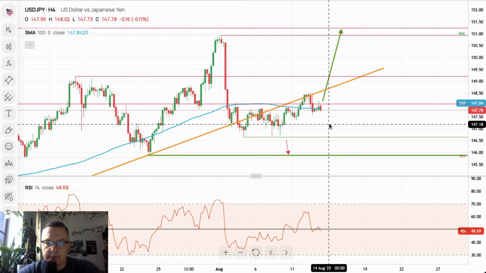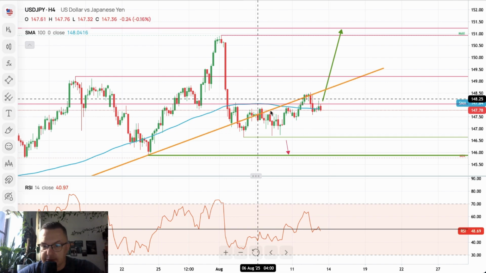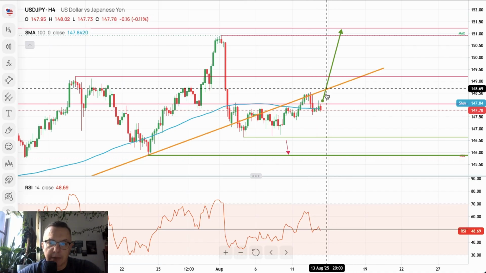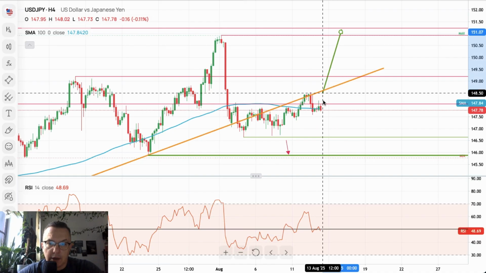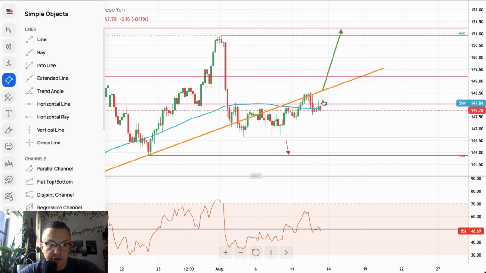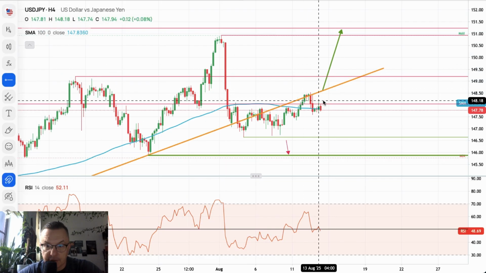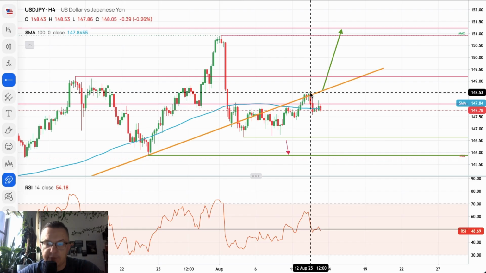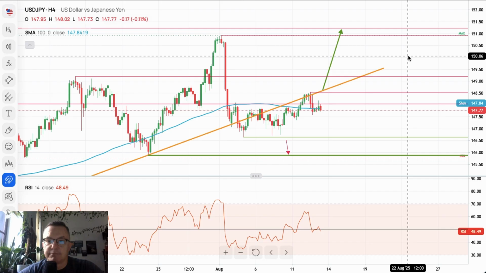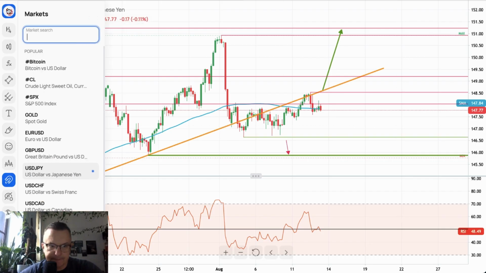Please pay attention with this market, because it doesn't actually know whether it wants to go up or down. Right now only a sustained breakout above the trend line resistance and above the level of 148.53, the local technical resistance, might be considered bullish.